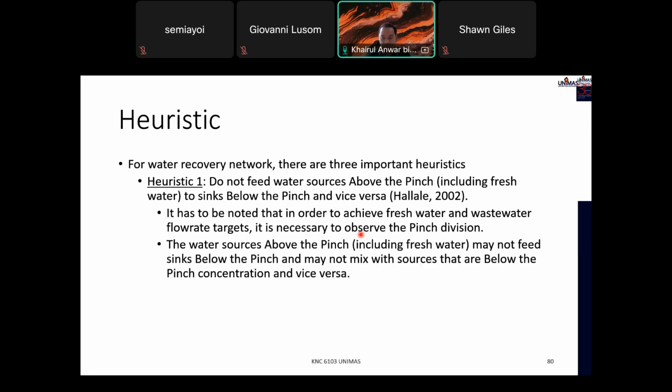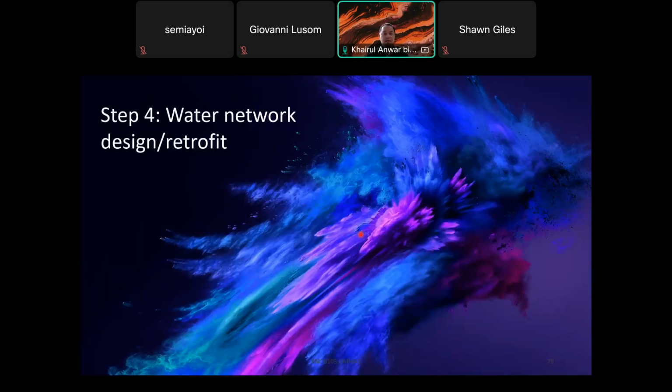Done. Now is the water network design or retrofit. For the latter, what is step 4? Go to the books.